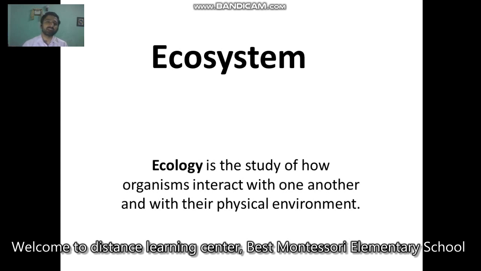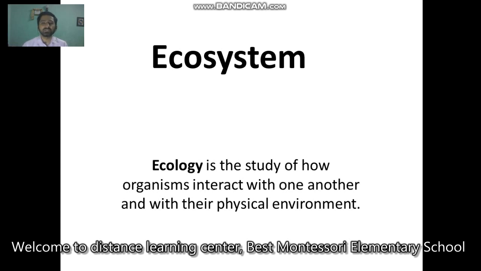Now today I have taken a chapter from the biology of class 9, that is ecosystem. Now ecosystem or environment science, that is the study of relationship between the living organism and non-living organism. Now moving on to ecosystem, let's move to ecology.